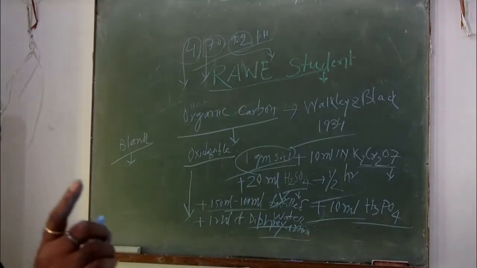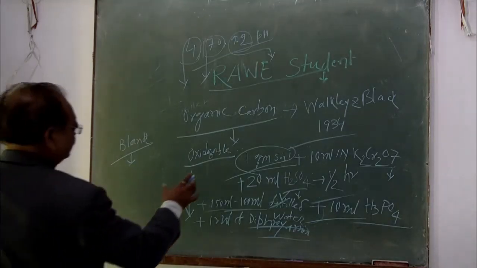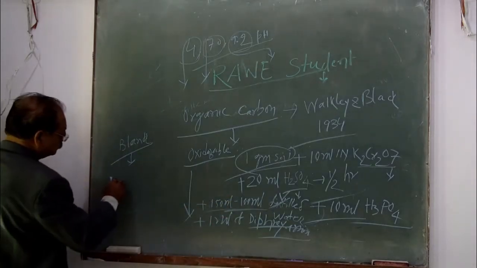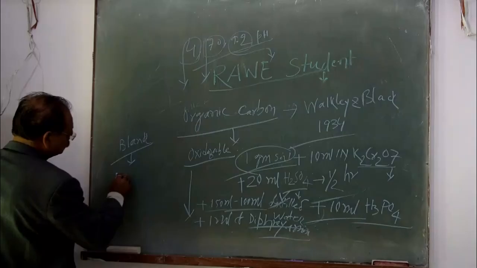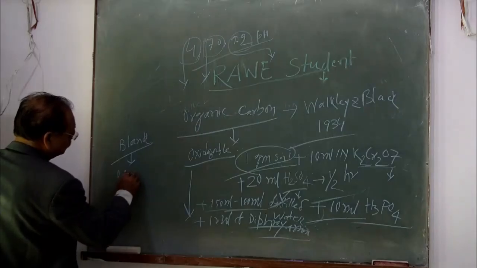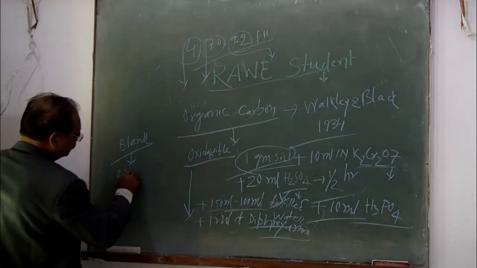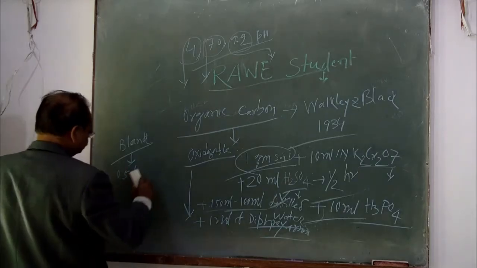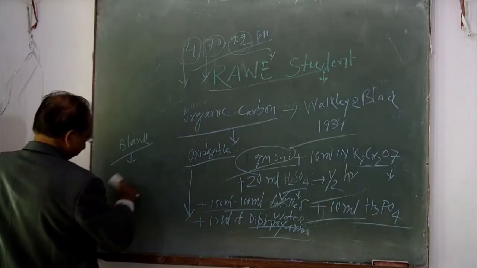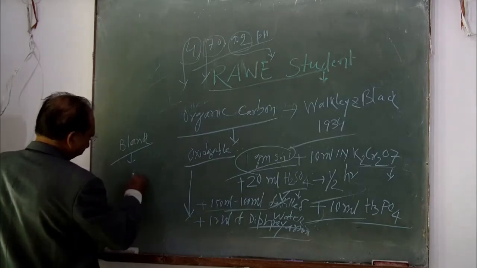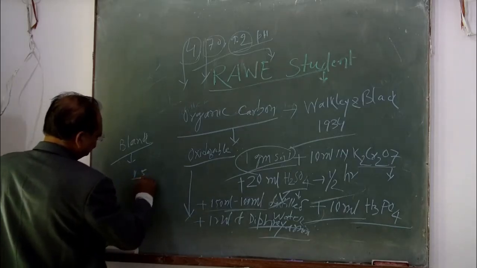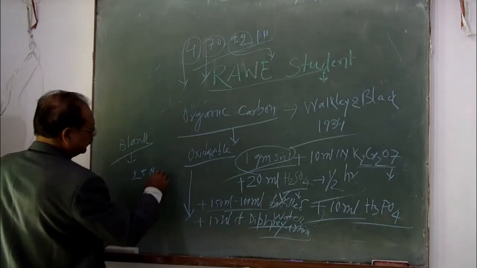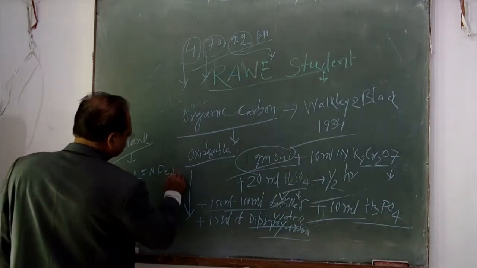Now you have to titrate these things with the help of 0.5 N ferrous ammonium sulfate.